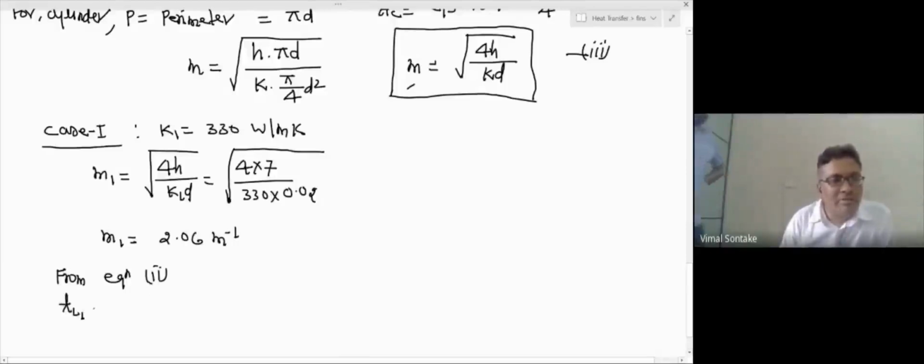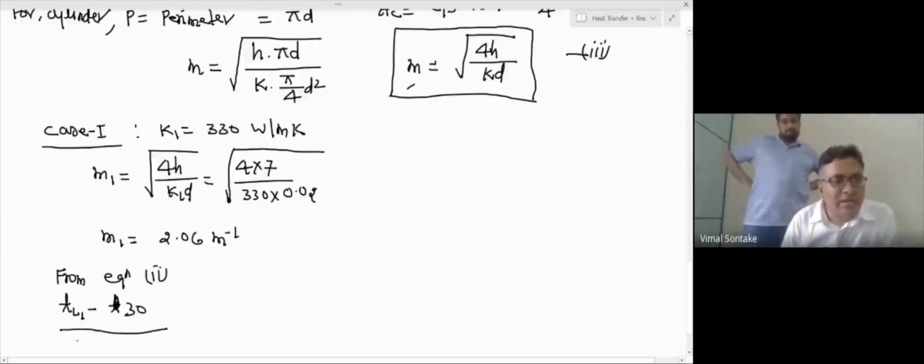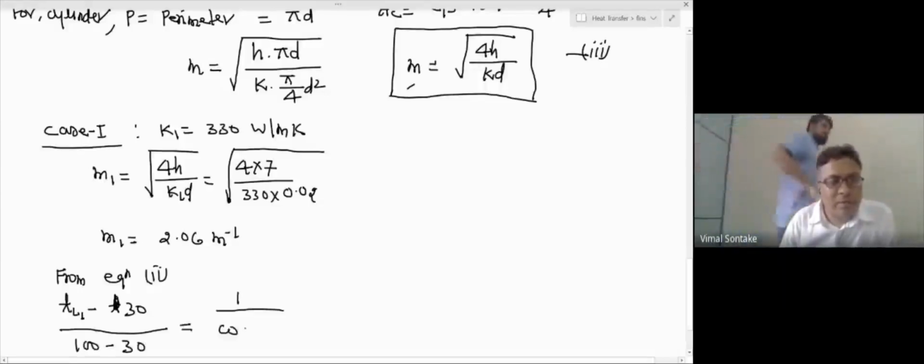TL1, let me represent it by TL suffix 1, minus T infinity, so I will directly write the value of T infinity as 30, TS as 100, and T infinity as 30, 1 over cos of hyperbolic.